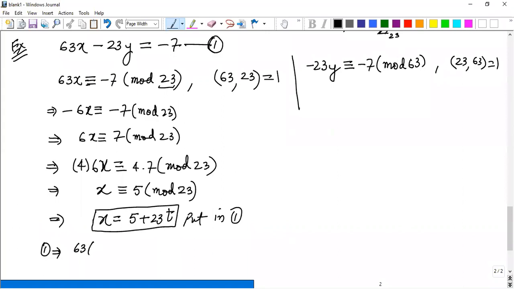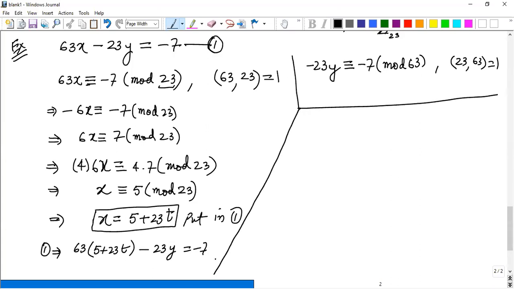So 63 times x, where x is 5 plus 23t, minus 23y equals negative 7. So we are not solving this directly. I'm writing here 63 times 5. 60 times 5 is 300, and 3 times 5 is 15.